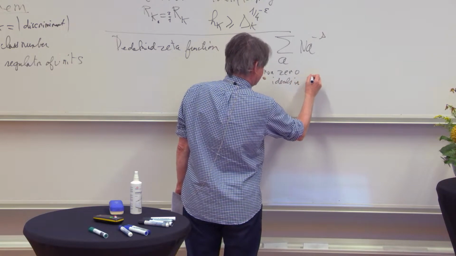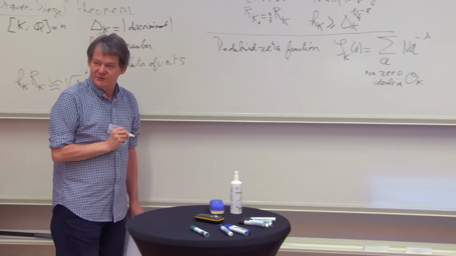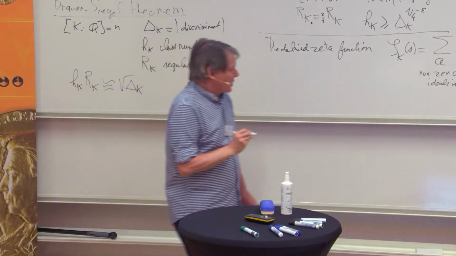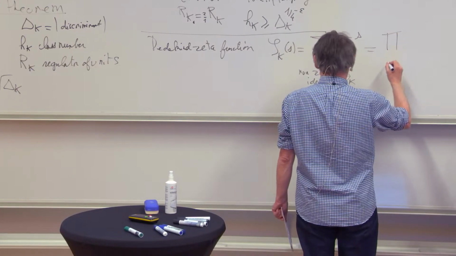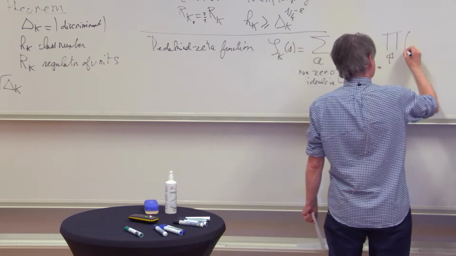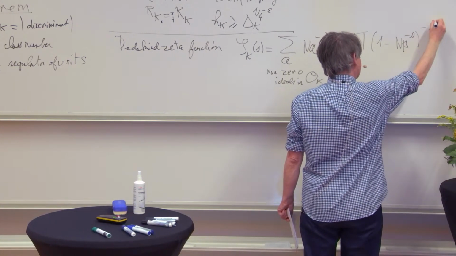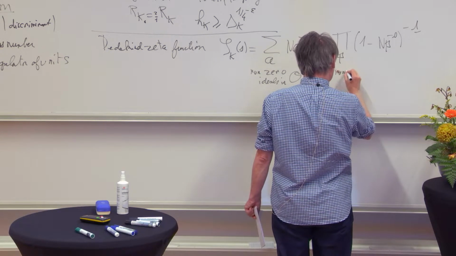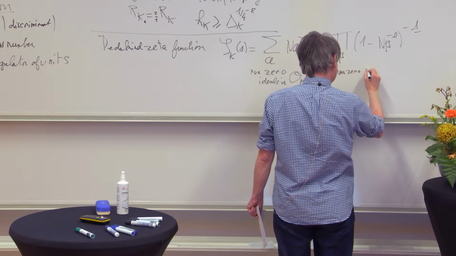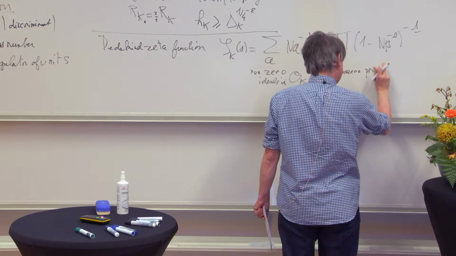I will write O_K for the ring of integers of the number field. Of course you have the Euler product, where you take the product of 1 minus the norm to the power minus s, to the power minus 1. That's over non-zero primes. I will call them prime ideals.